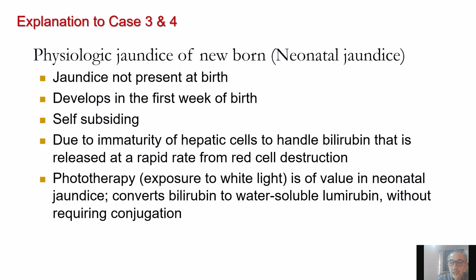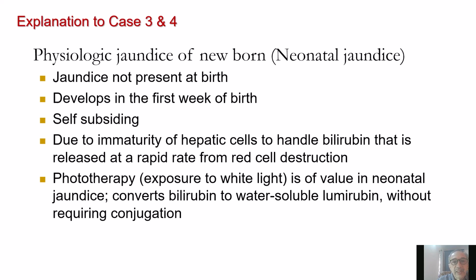This will not be sufficient. The liver is not able to manage this rapid rate of bilirubin coming from the destruction. So there will be a lag where serum unconjugated bilirubin rises. Once the liver cells become capable of handling it, the destruction reduces and the jaundice also disappears.